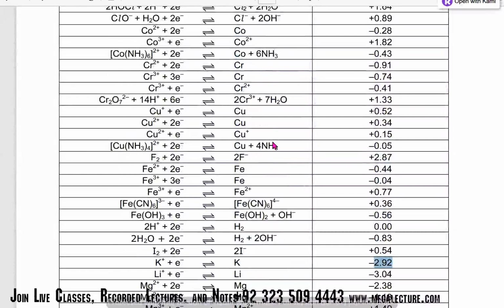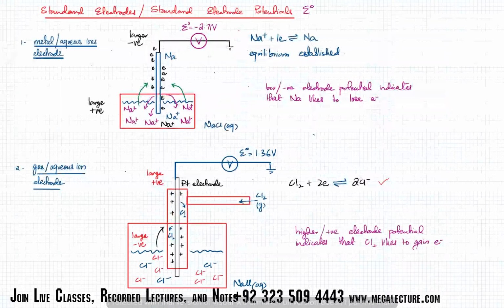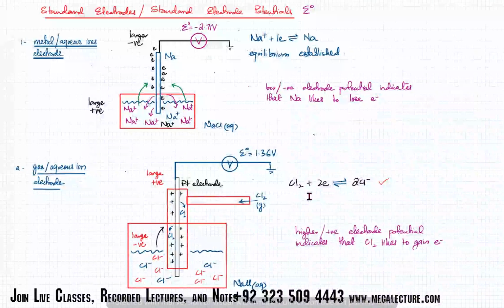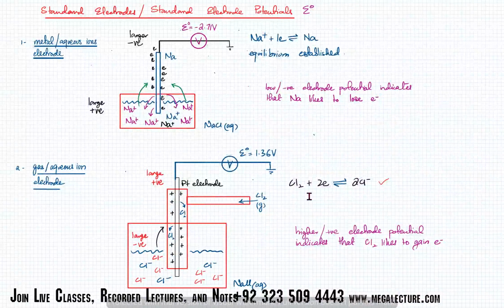So do you think fluorine will have a higher potential than chlorine or a lower potential? Higher potential. Okay, so it's going to have a higher potential because it has an even stronger tendency to gain electrons. So if you had fluorine over here, the potential on this would be more positive.